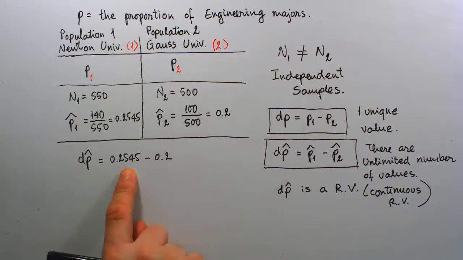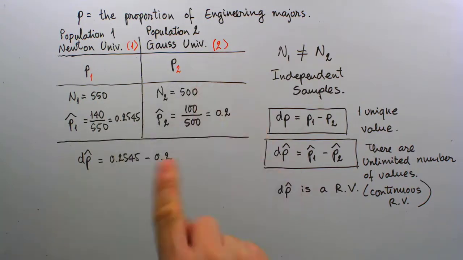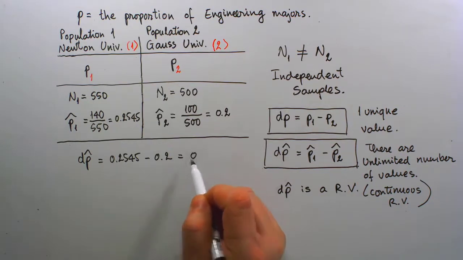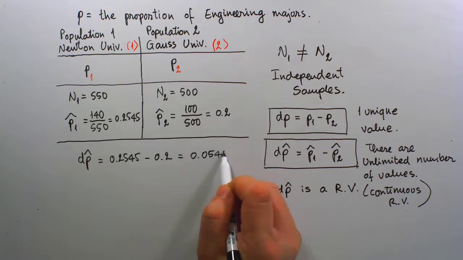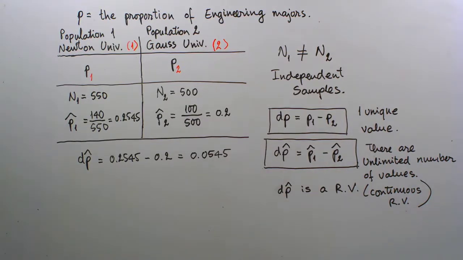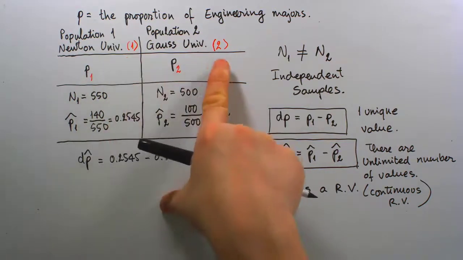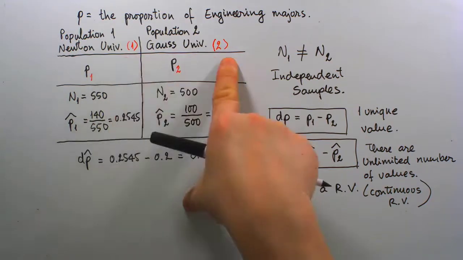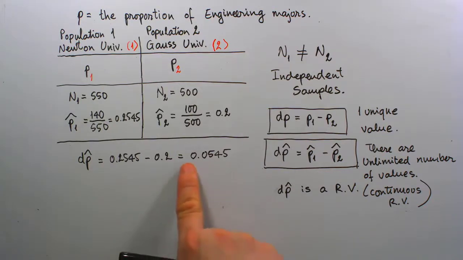Again, this is a p hat from population 1 minus a p hat from population 2. Calculation can quickly give us a positive 0.0545. So under this decision of mine regarding the numerical labeling of the two populations, our dP hat value turned out to be a positive value.